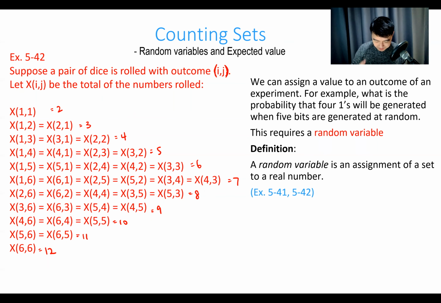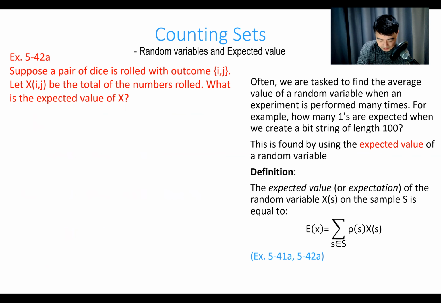So I'm just going to take the numbers and the probabilities associated with those numbers. So I'm going to start with 2. And again, you can refer back to this slide, but I'm just going to list out what I have here. So the value 2 has the probability, so let's start with the probability, 1 over 36 times 2, right? So when the sum is 2, there's only 1 out of the 36 cases.